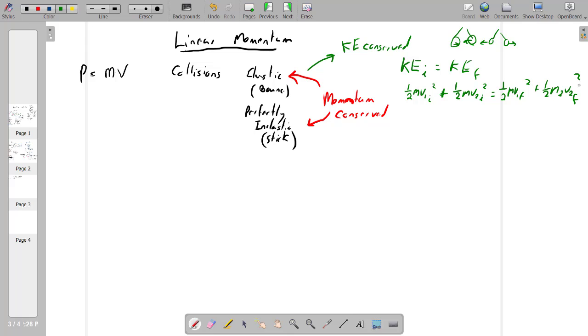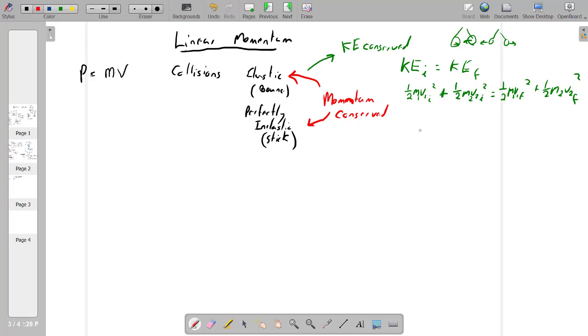There are a lot of variables, but it's really just saying the energy is 1/2 mv squared. So it's only conserved for elastic. But momentum's conserved for both.